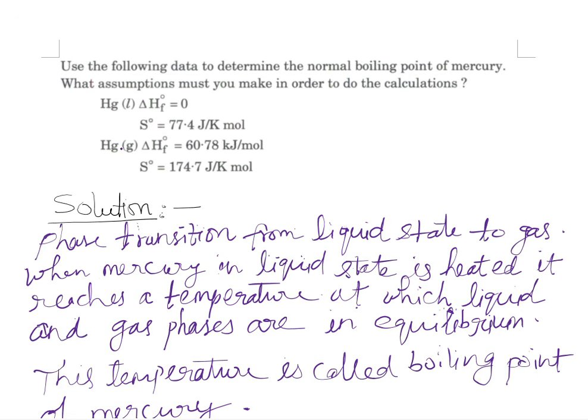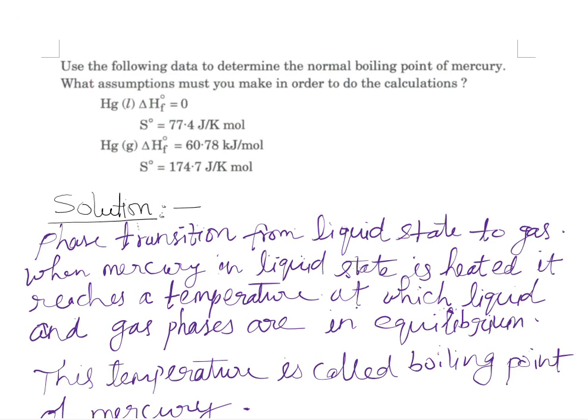Similarly, for mercury in the gaseous state, delta HF naught is equal to 60.78 kilojoule per mole, and entropy in the standard state of the mercury in gas phase is equal to 174.7 joule per Kelvin mole. So there is change of phase when the mercury is heated.